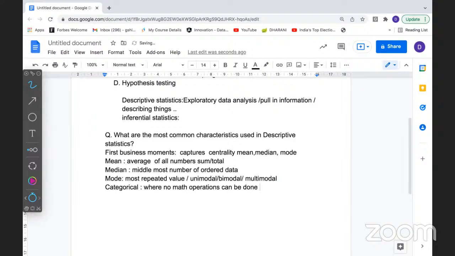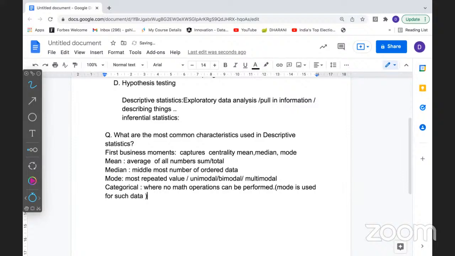It's just something you capture as the most repeated category. So mode is used for such data.